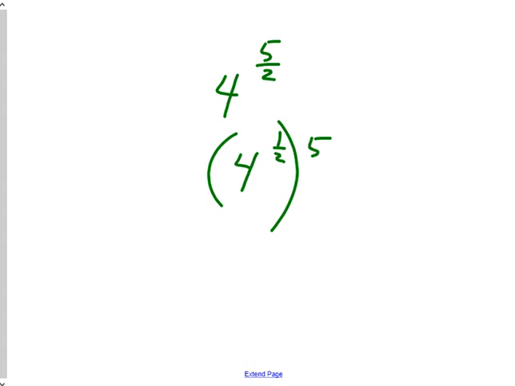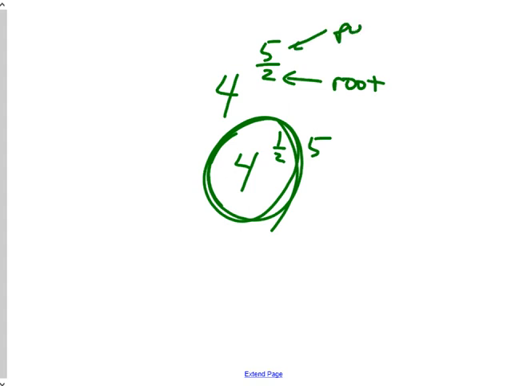Yes? It is pretty much square root. Very good. Think about this. If that really means square root of 4, which is what? 2, then it's really 2 to the 5th. See what I'm saying? All right, so a fraction exponent means that's the root, and that's the power.